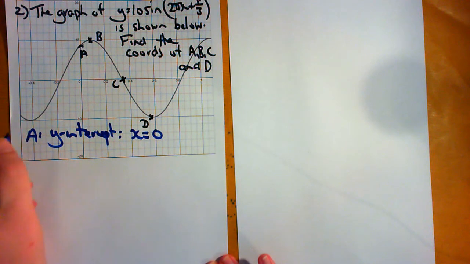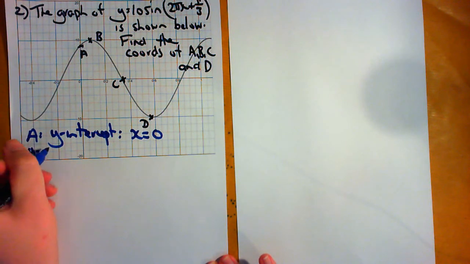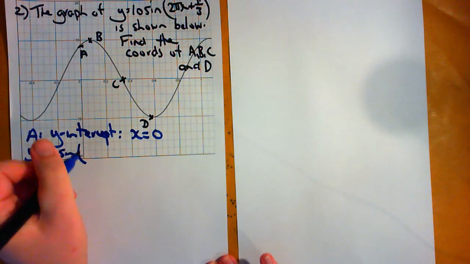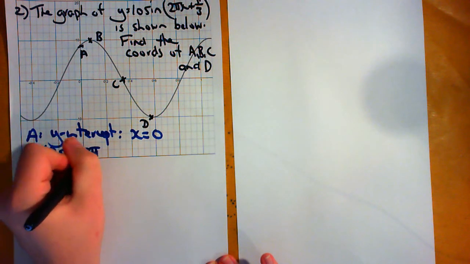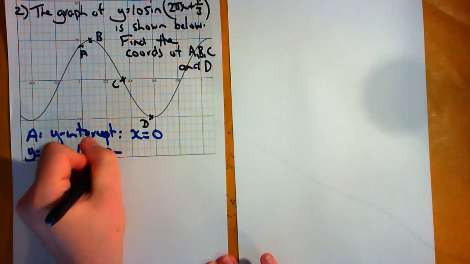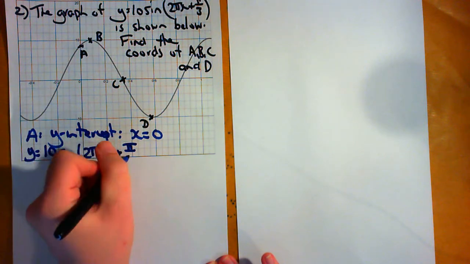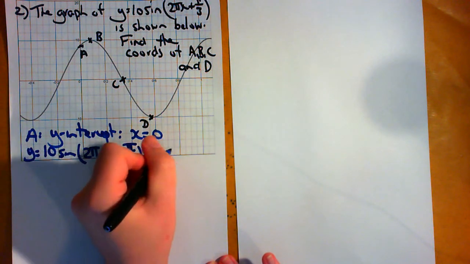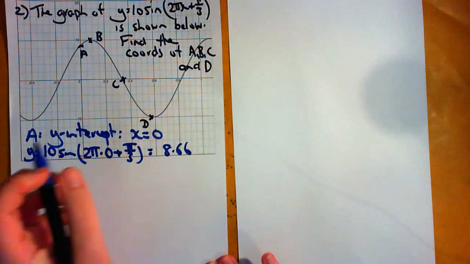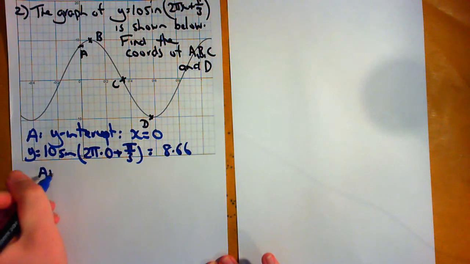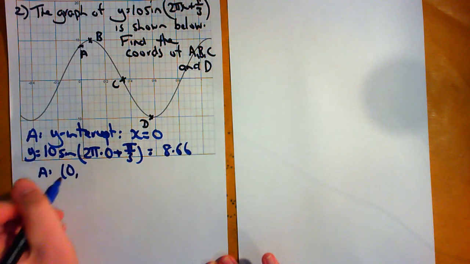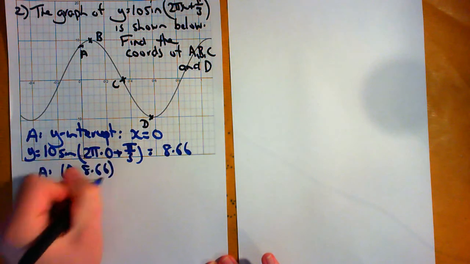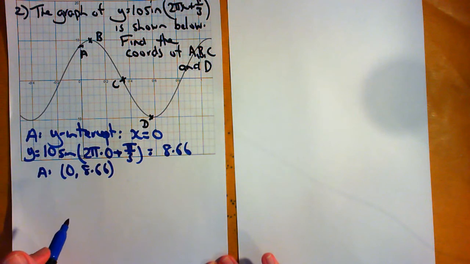So we get y equals 10 times sine of (2π times 0 + π/3), and if we calculate that we get an answer of 8.66. So A is the point where x is 0 and y equals 8.66. Okay, so that's point A.